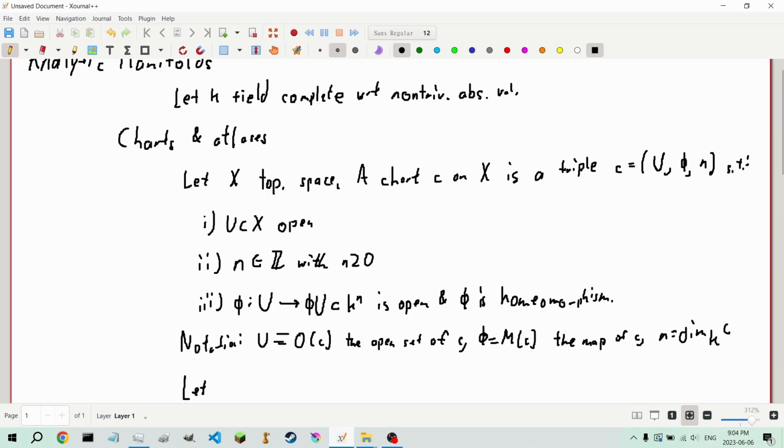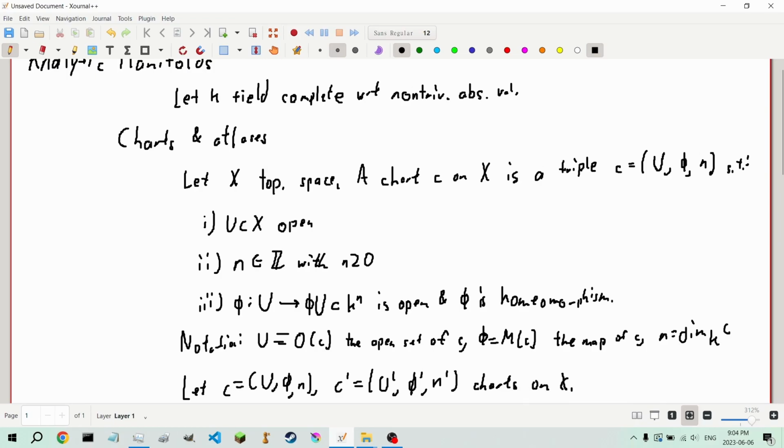Let C be a triple as above, and C prime be another chart where we're just going to write our same three letters with primes next to them.